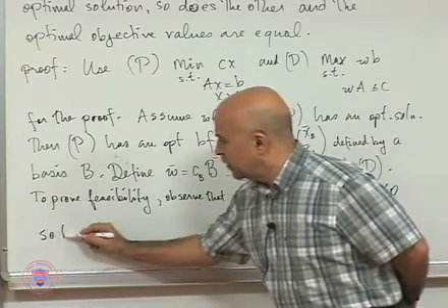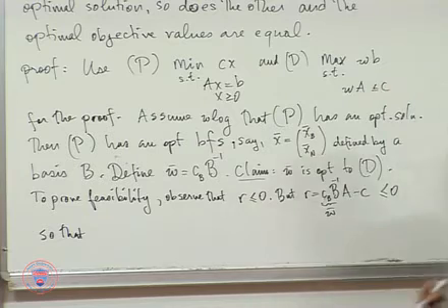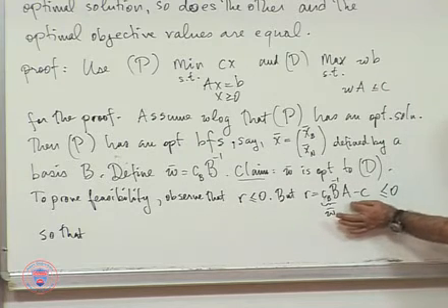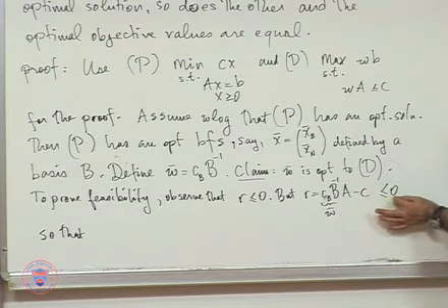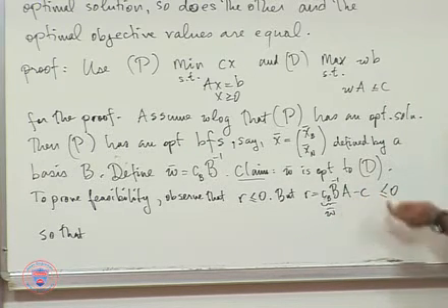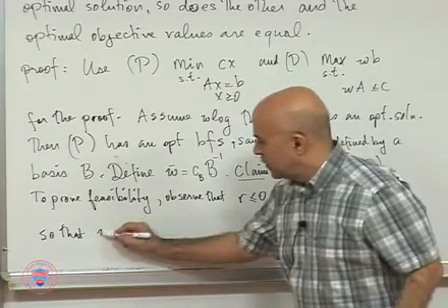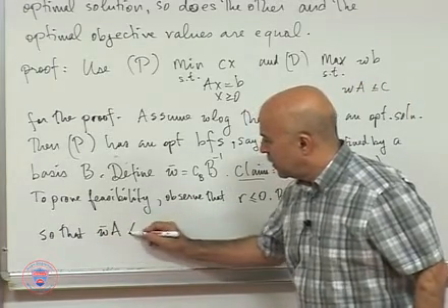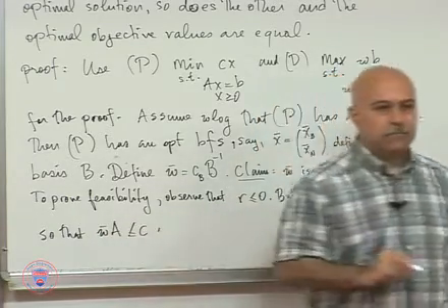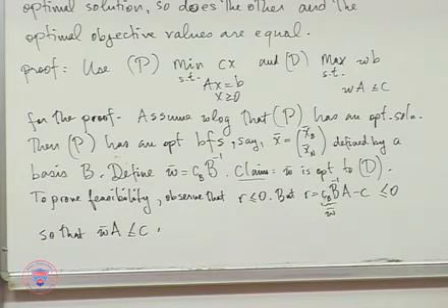So that W bar times A minus C is less than or equal to 0 means W bar A is less than or equal to C. Okay? So it proves feasibility of W bar to the dual problem.